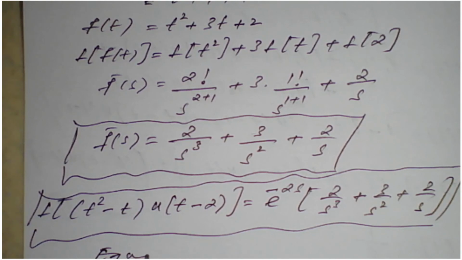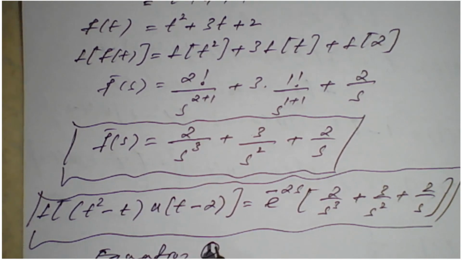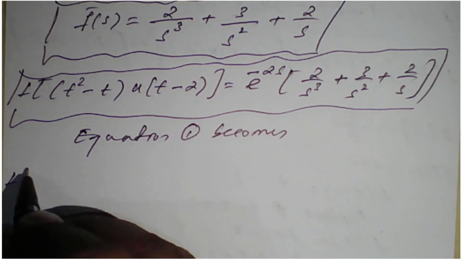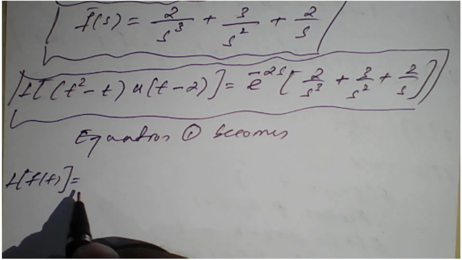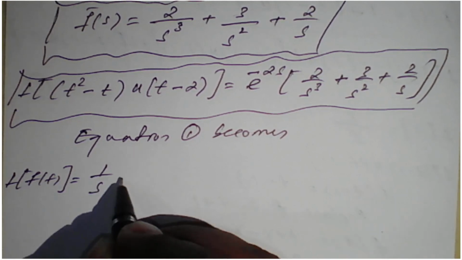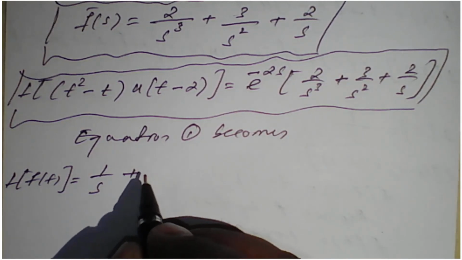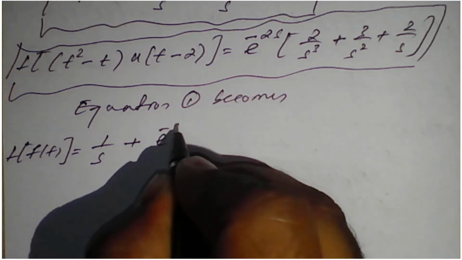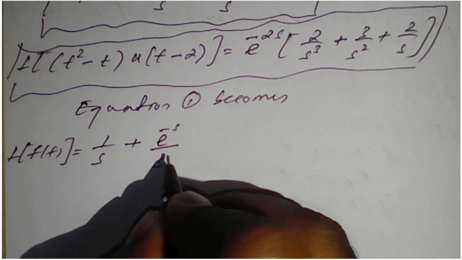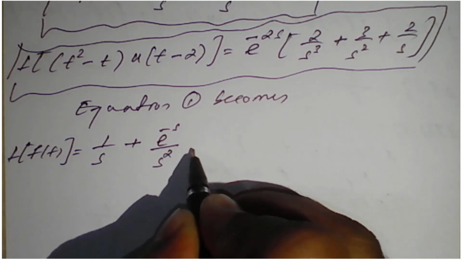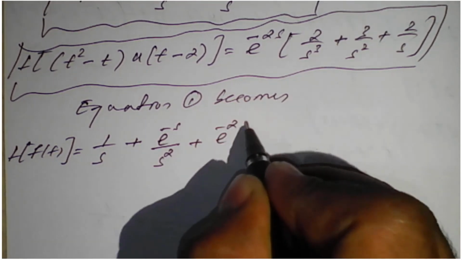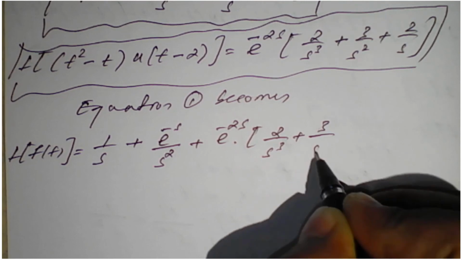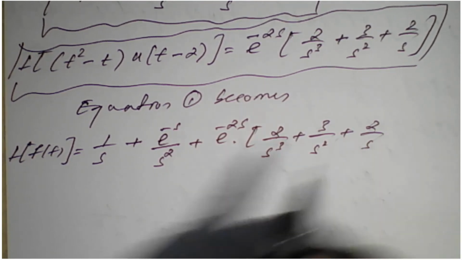So equation 1 becomes, Laplace transform of f of t is equal to first term result, which is nothing but 1 upon s, second term result, which is nothing but e raised to minus s divided by s square, plus third term result is e raised to minus 2s into 2 upon s cube plus 3 upon s square plus 2 upon s.